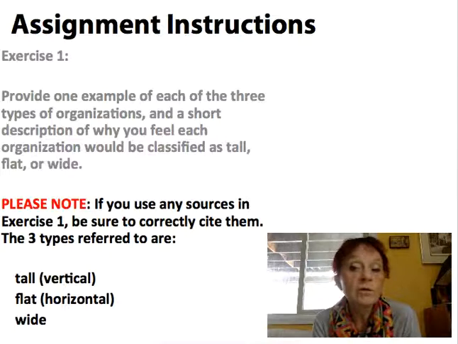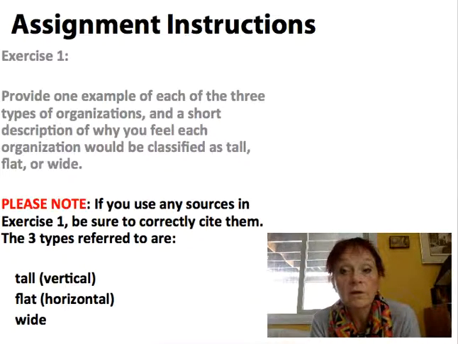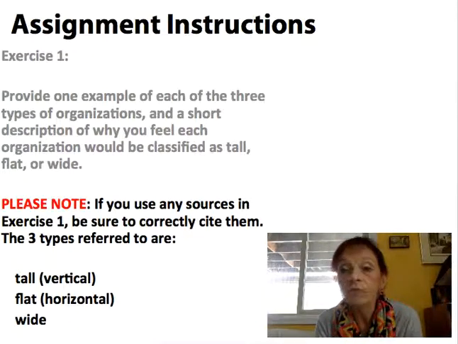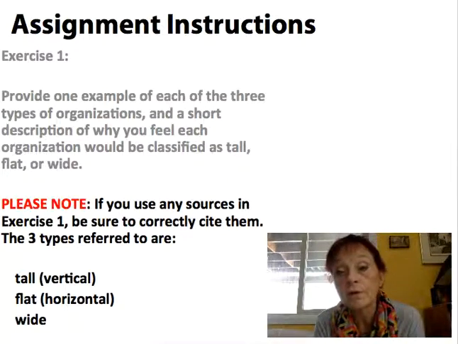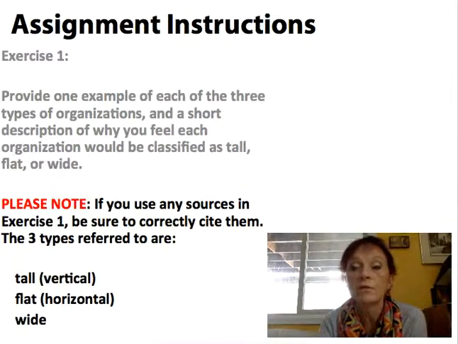And my only caution to you there is that you may find yourself needing to refer to outside sources or sources within the class, and if you do so, be sure to correctly cite them both in in-text citation and reference list.